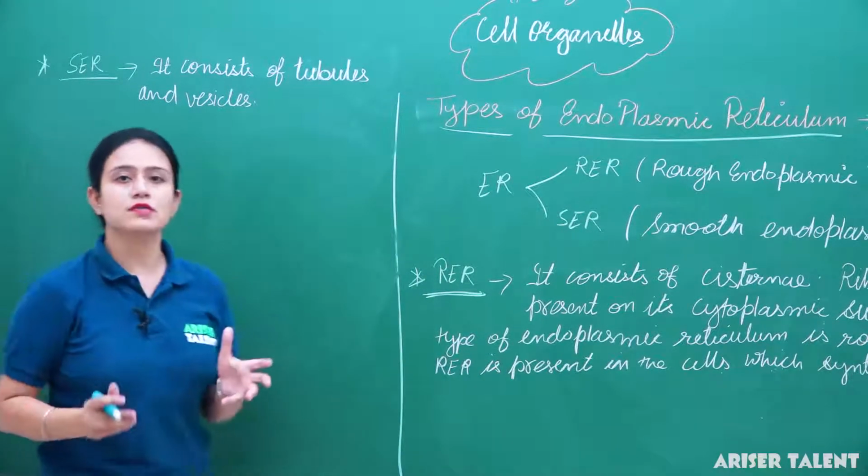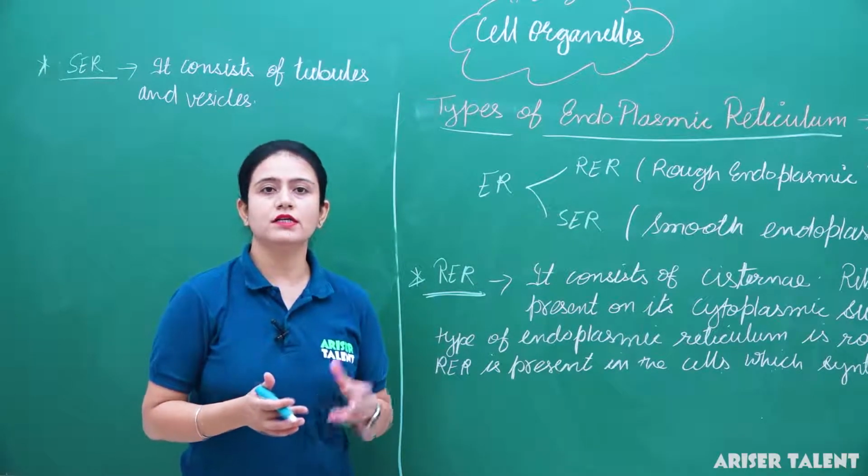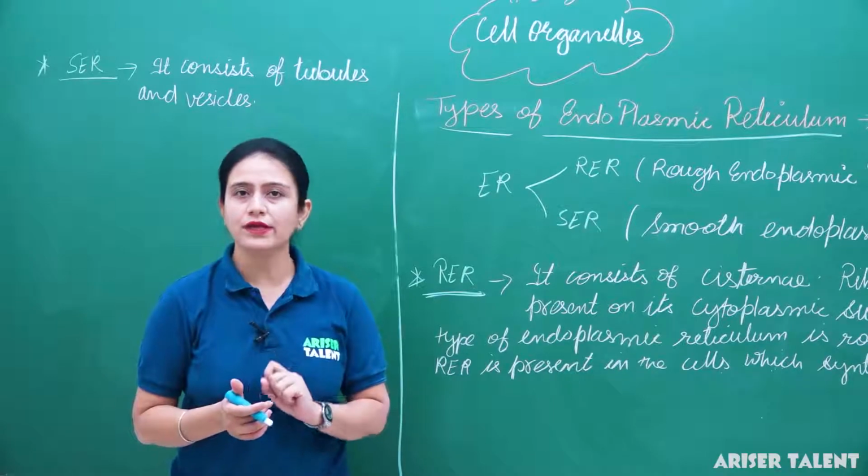Generally, ribosomes are absent in this endoplasmic reticulum, and this is the reason it is known as smooth endoplasmic reticulum.